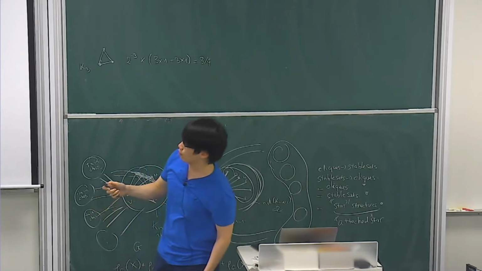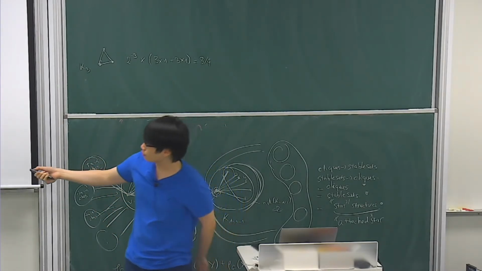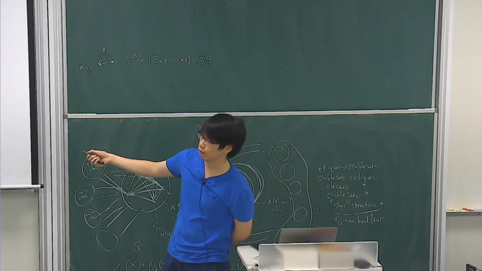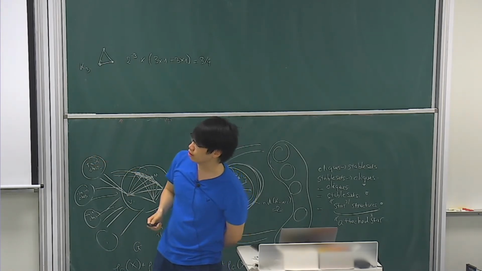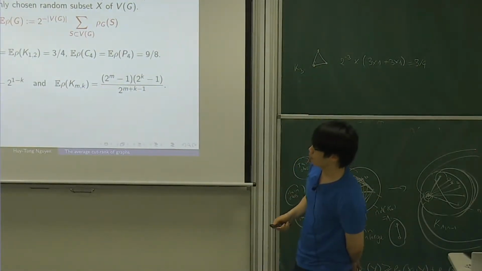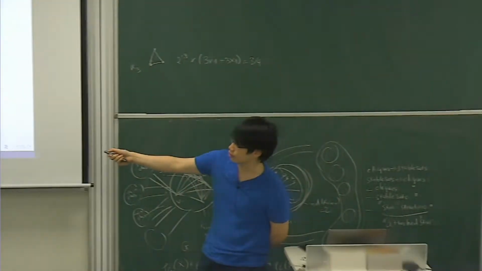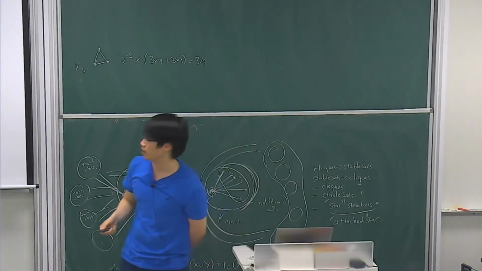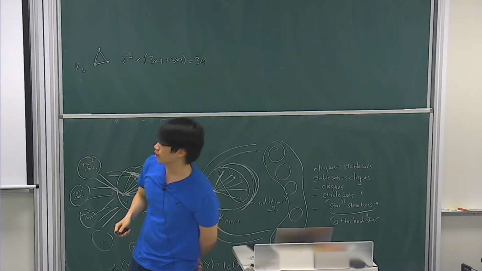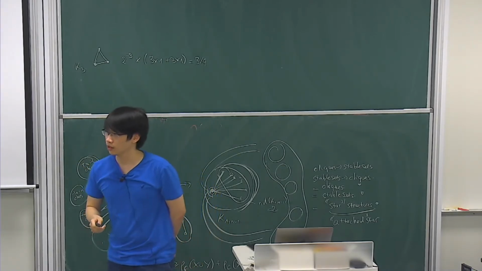And similarly, you can compute the average cut rank of C4 and P4, just 9 over 8. And in general, we have that the average cut rank of the complete graph on k vertices is 1 minus 2 to the power of 1 minus k. And we can also compute the average cut rank of the complete bipartite graph.